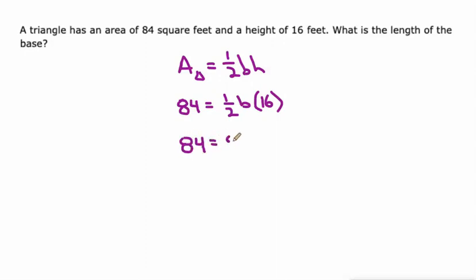Let's do half of 16. That would be 8. So 8b. And then we can divide both sides by that 8, and we get 10.5 for the base. So the base is 10.5 feet. So 1/2 times 10.5 times 16 would be 84 square feet.